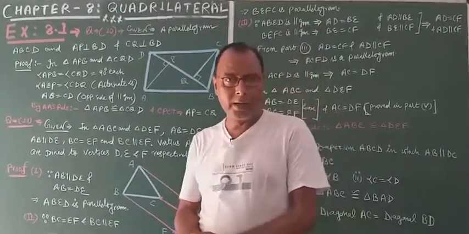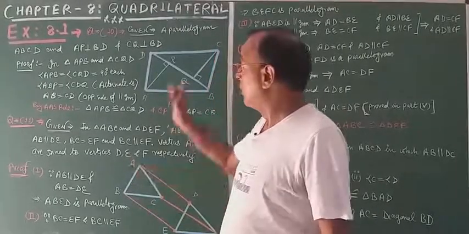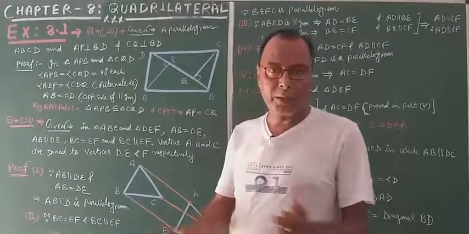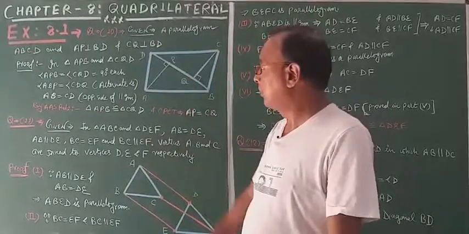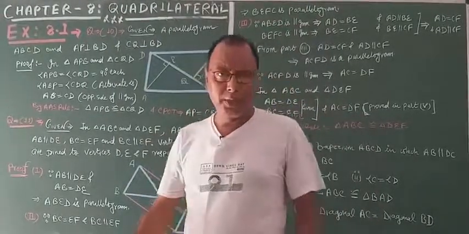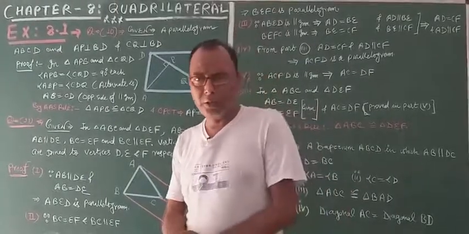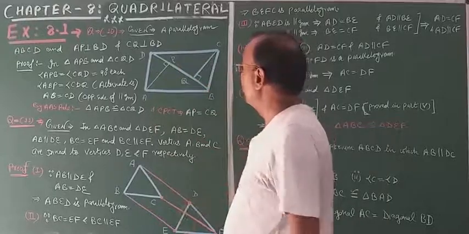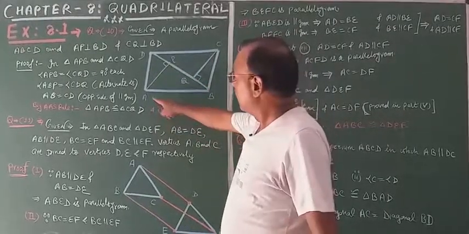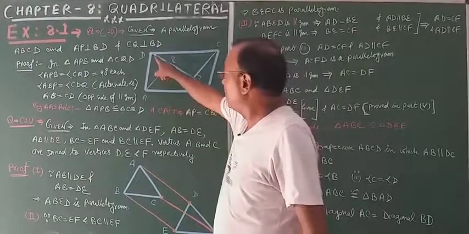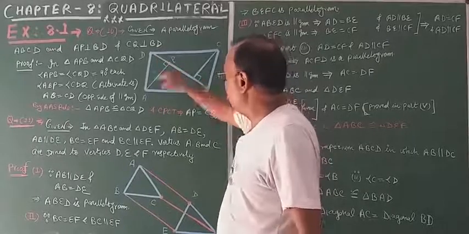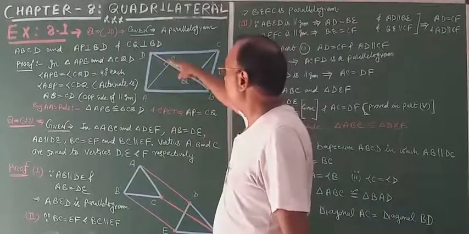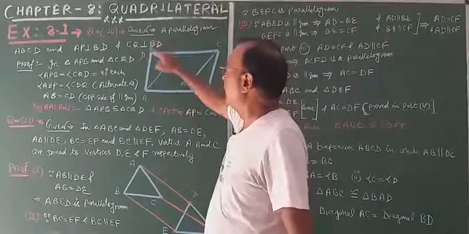I am again here with the chapter quadrilaterals, exercise 8.1, question number 10. You are given a parallelogram ABCD in which AP is perpendicular to diagonal BD and CQ is also perpendicular to diagonal BD.